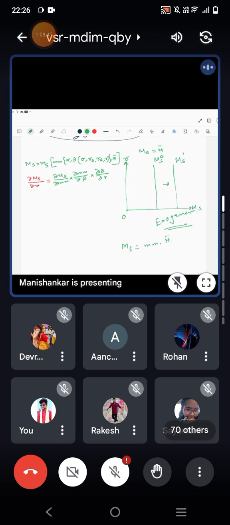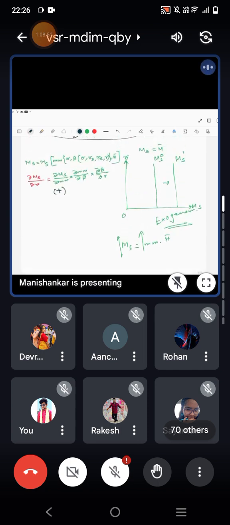So when your money multiplier rises, your money supply rises. So that value is positive. Now your money multiplier is alpha plus 1 by alpha plus beta. So when beta rises, money multiplier falls. So that relation is negative.